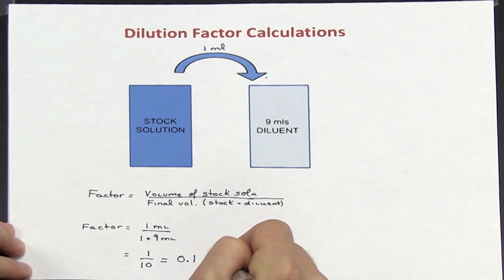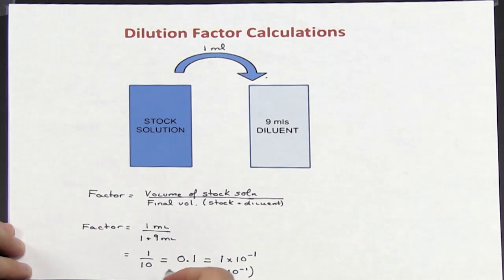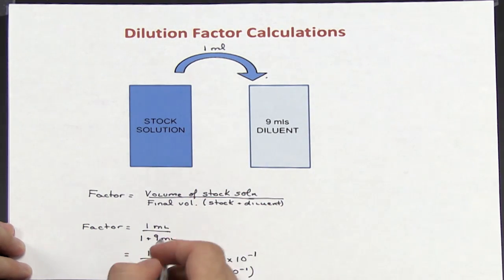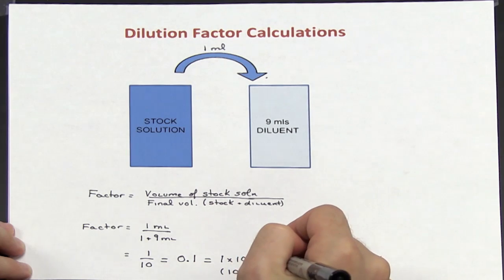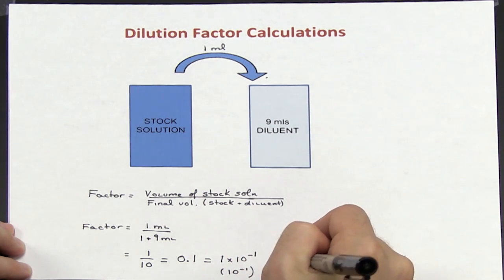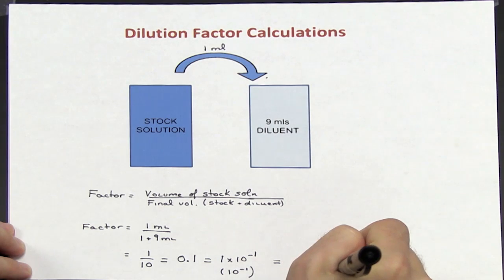So we typically just write that as 10 to the minus 1. All three of these numbers are the same representation, but they're all showing that this dilution that I have just made has been a 1 to 10 dilution. I can also write that as a tenfold dilution.